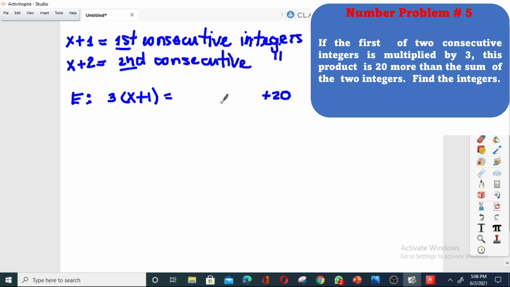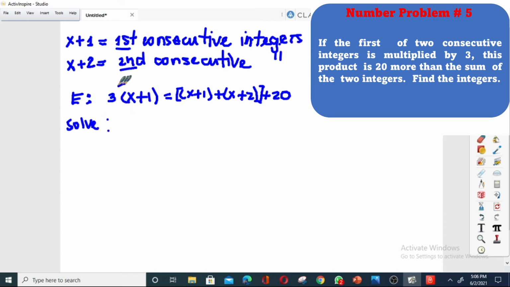It is 20 more than the sum of the two integers. 20 more than, so plus 20, and then get the sum of the two consecutive integers, and that is x plus 1, and then the second is x plus 2. Alright, that's it. And then we can now solve the equation.